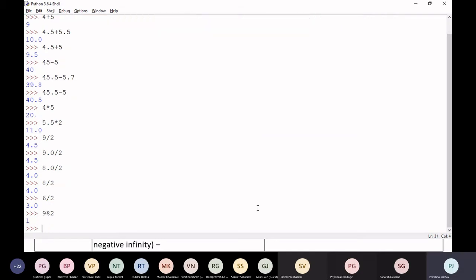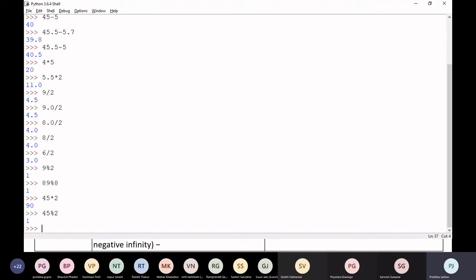It is displaying the remainder. Next, the percentage symbol is used for the modulus operator. 45 modulus 2, it is giving you remainder 1. Likewise, the modulus operator is used for the remainder.